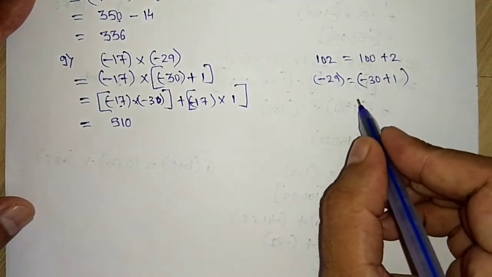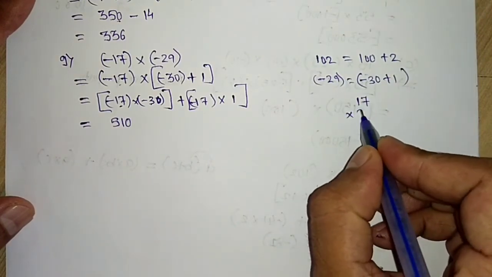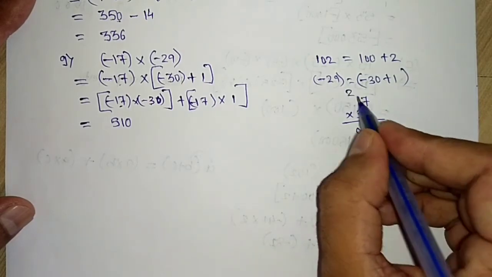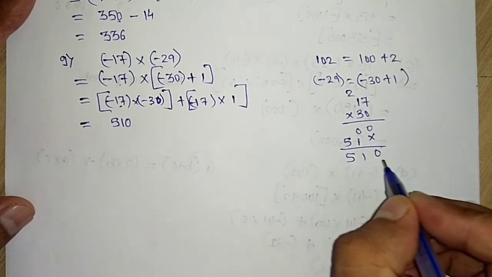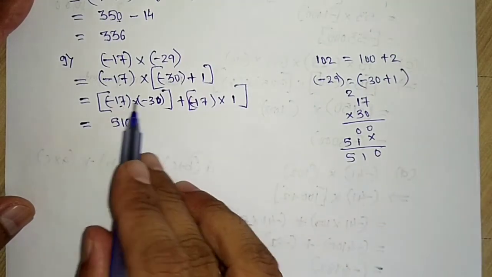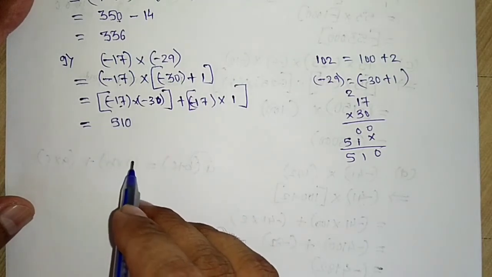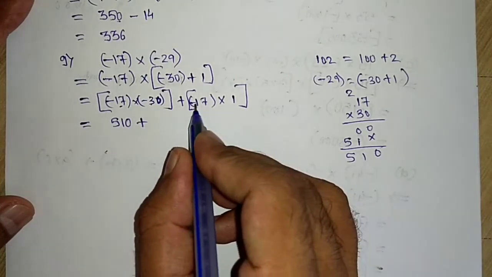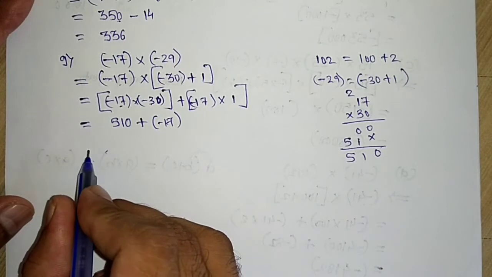It is very easy, students. Let me show you here also. 17 into 30, 3 sevens are 21, 3 ones are 3 and 2, so 510. And since it is two numbers with negative sign, that is an even number, it will become plus only. Plus minus 17 into 1 will give me minus 17.